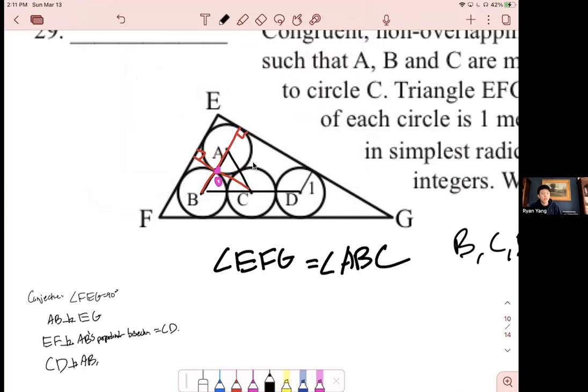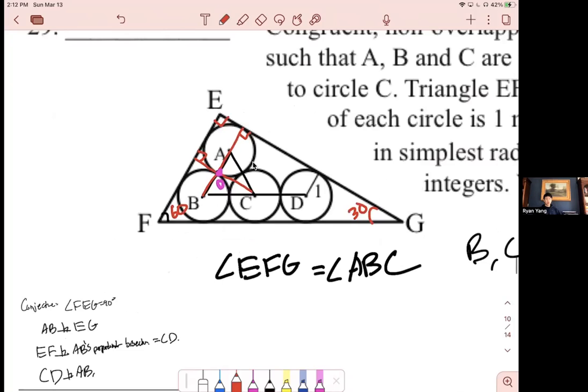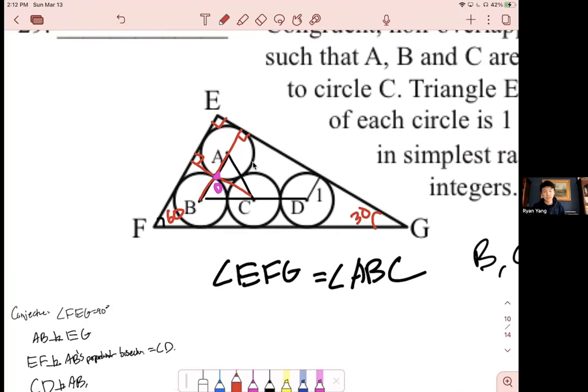Angle EFG equals angle ABC because AB is parallel to EF and BC is perpendicular to FG. So this is angle 60. When we prove that that angle is 90 degrees, that means that this is 30. And so we have that this entire triangle circumscribed around these 4 circles is a 30, 60, 90 triangle.